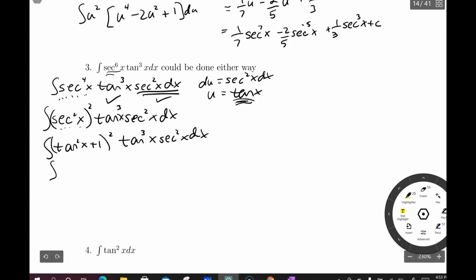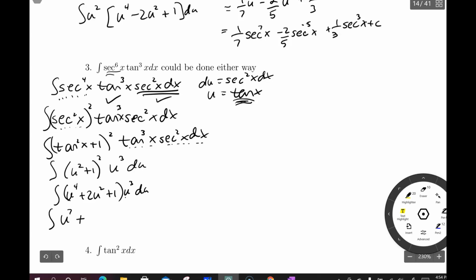Okay, so now we're ready for the u substitution. Using u as tangent. So I get u squared plus 1 squared. This is u cubed, and this is du. So I have to multiply this out. So I'll get u to the fourth plus 2u squared plus 1 times this u cubed. And again, I have to multiply out, adding the exponents. And then I would finally integrate.